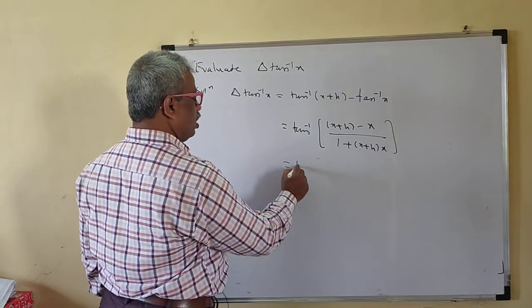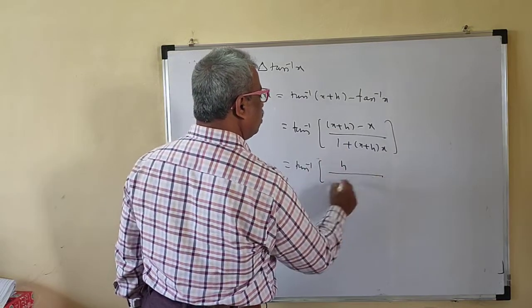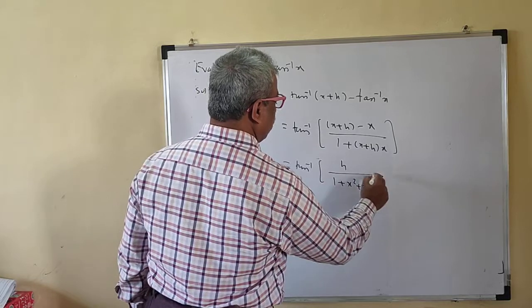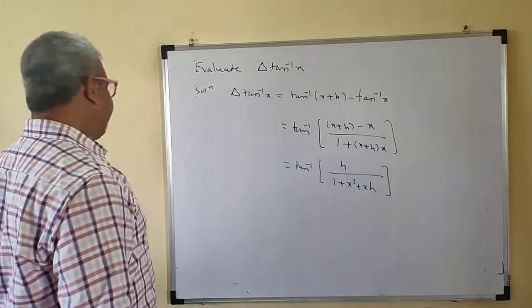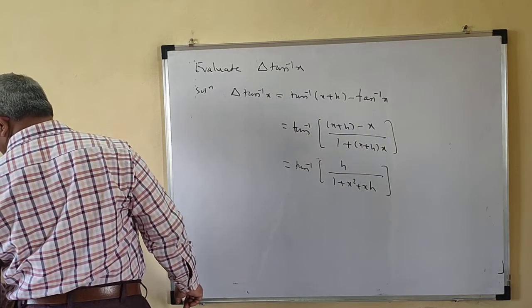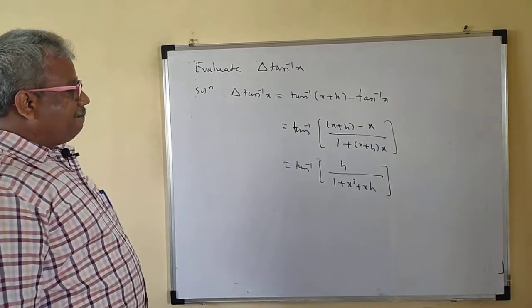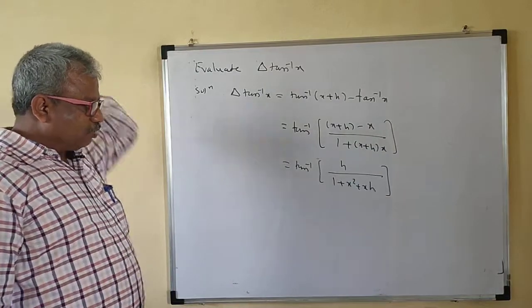If you simplify, this is tan inverse of h upon 1 plus x square plus xh. You cannot simplify this further, so this is enough now.